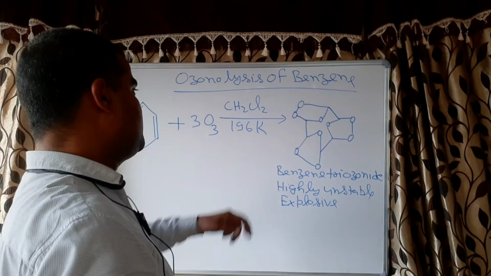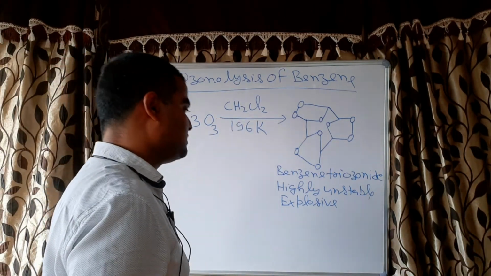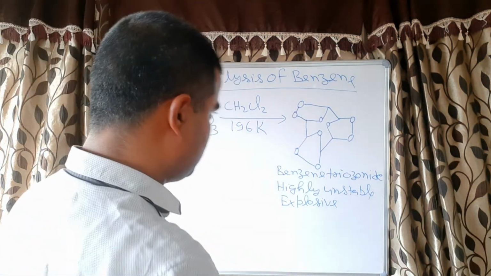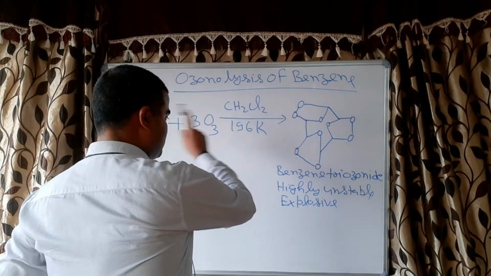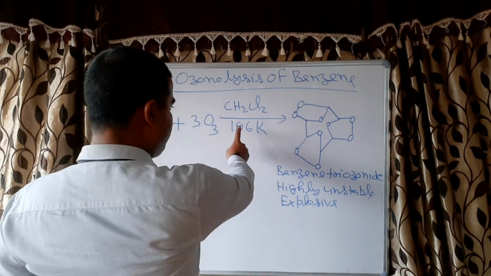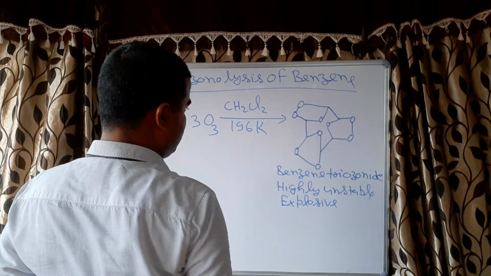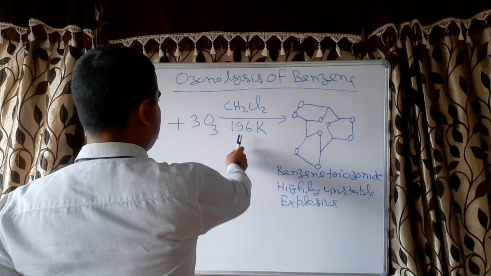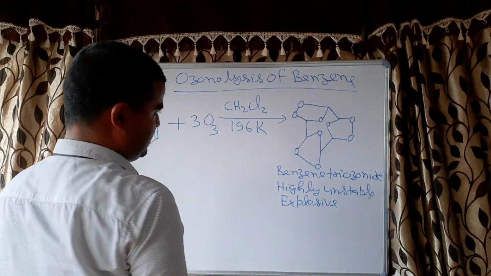That is the reason we have used the inert solvent, to minimize the chance of explosion. Now why low temperature? Because if we keep a high temperature, there will be the risk of explosion. That's why we have used lower temperature.